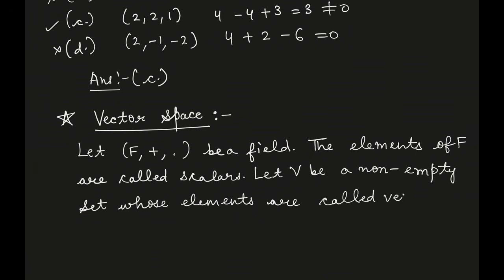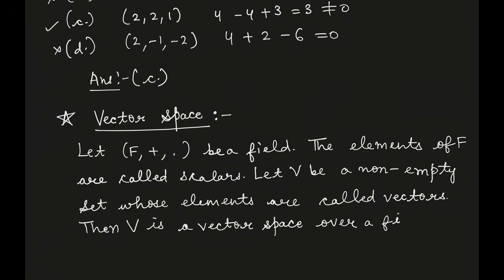Then V is a vector space over a field F, denoted by V(F), means vector space V over field F.